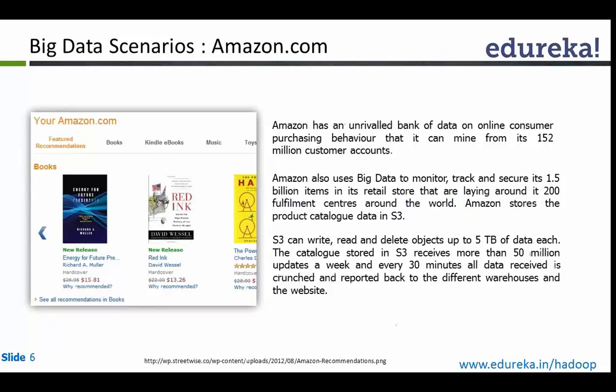Okay, when it comes to Amazon, most of you would have already used Amazon for shopping. Amazon banks on the huge amount of customer interactions, customer behavior, and what they have done in the past. They collect all this information, aggregate it over a period of time, and make the right recommendations or choices for you based on your historical behavior or based on similar users' behavior on similar products.